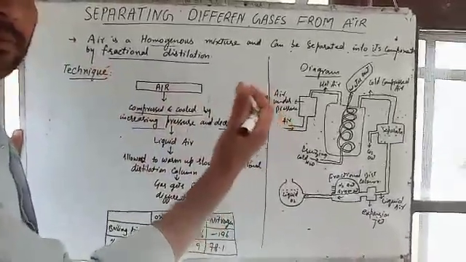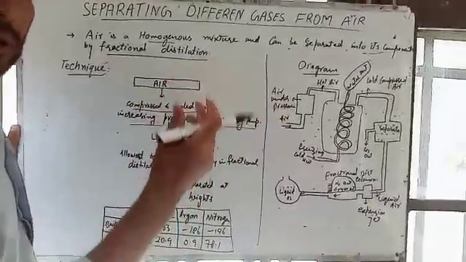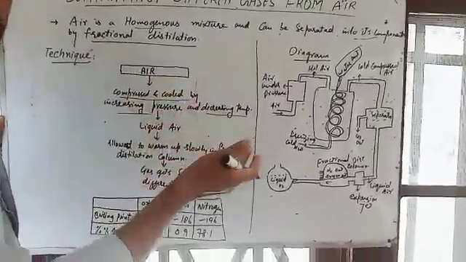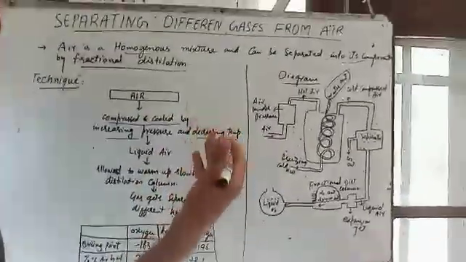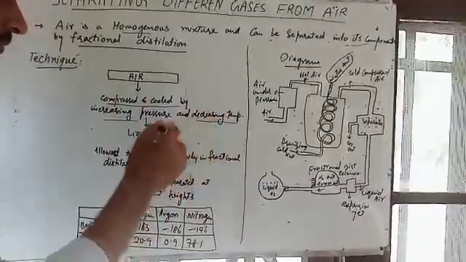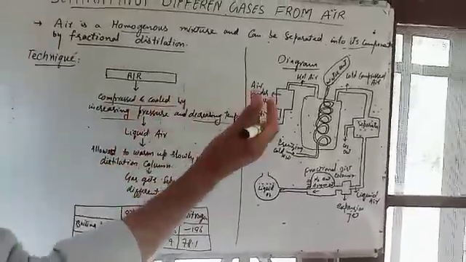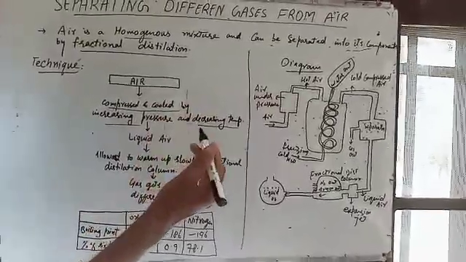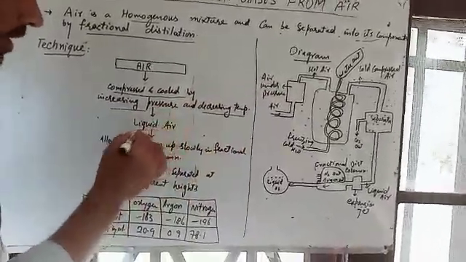When you apply pressure on air, the gas particles come closer together, but due to application of pressure the temperature will rise, so we have to apply methods which will decrease the temperature. That means when you apply pressure over the gas, the gas will become liquid. That is why I wrote here liquid air.